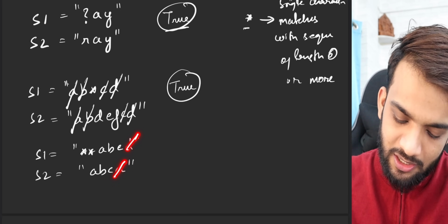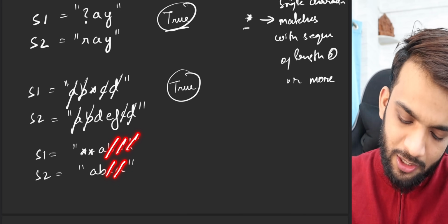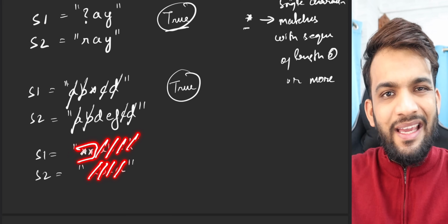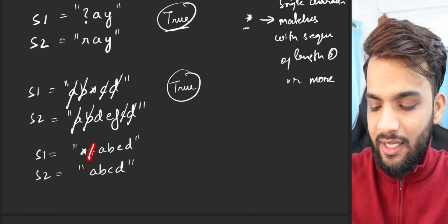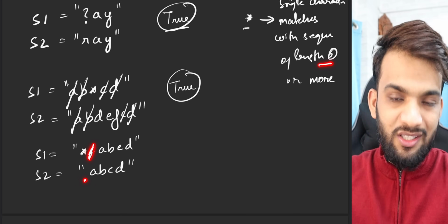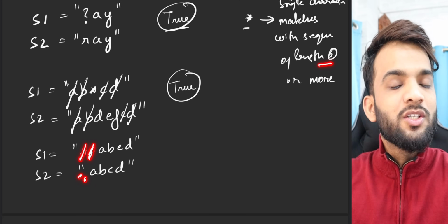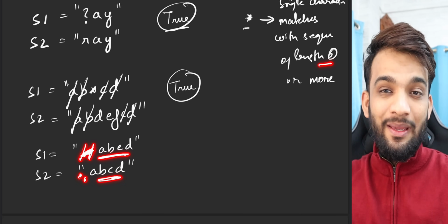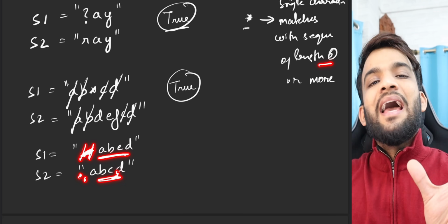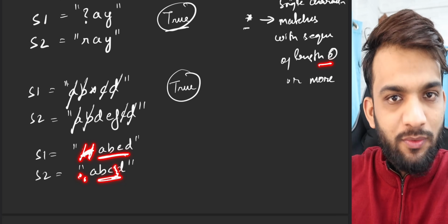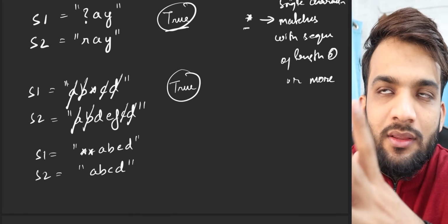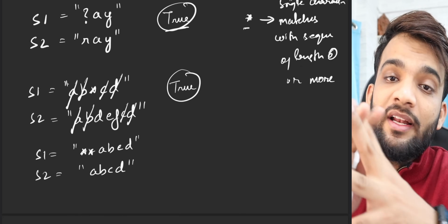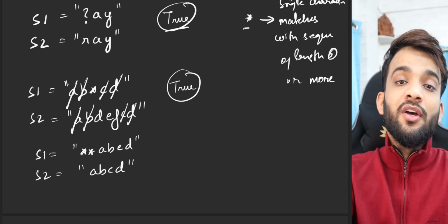Because D matches with D, C matches with C, B matches with B, A matches with A. Now, I can say a single star is of length 0. So this star is matching with length 0, and this star is also matching with length 0. So hypothetically ABCD is equal to ABCD. Star means it can match with something or it cannot match with anything. The string can be of any length: length 0, length 1, length 2, length 3, and so on.